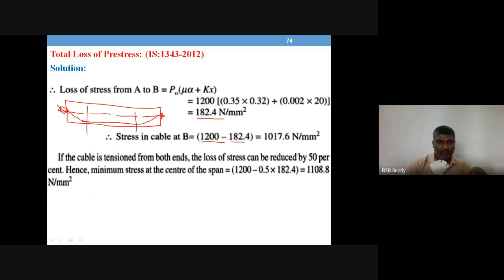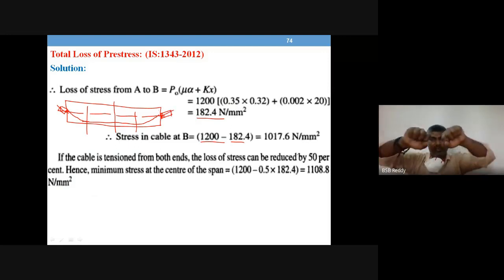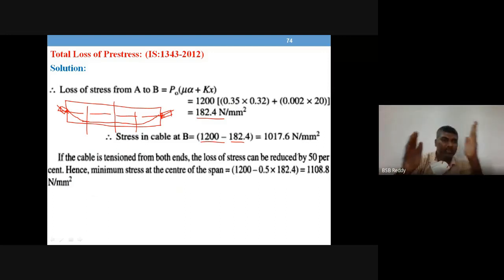When the hydraulic jack is there at the other end also, the tendon is being pulled from both the ends. So which part of the cable moves towards left, and which part moves towards right? From the midpoint, half of the length of the cable will move to the left because you are pulling this way, and half of the cable will move the other way because there is a jack at the other end also.